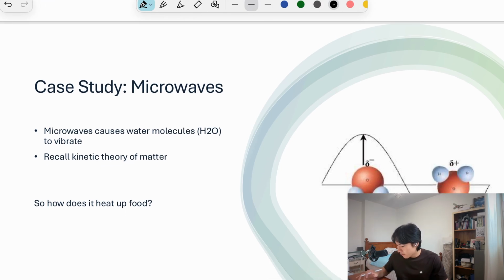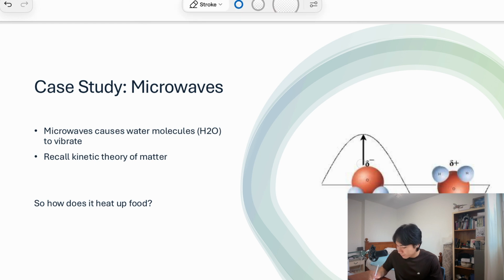Say that you're given the information that the microwaves have the perfect resonance with water molecules. They vibrate the water molecules, making them go up and down, for instance.